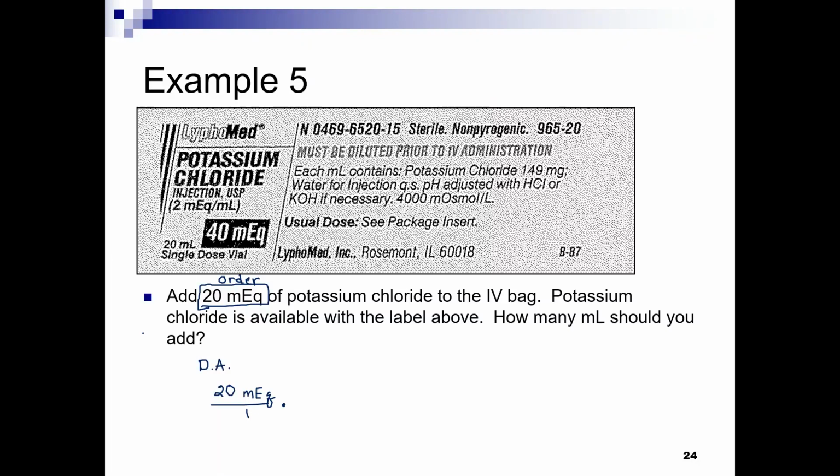When I look at the label, the thing that immediately catches my eye is this 40 milliequivalents in the black box. However, that does not have a volume with it. And so since it does not give me a conversion, it's not the piece of information that I need. If I go directly above that black box, I see the fraction that I actually need, which is telling me that there are 2 milliequivalents per milliliter.